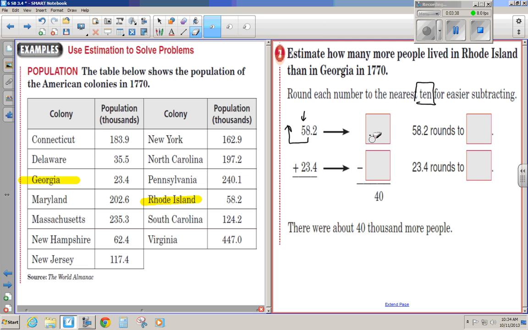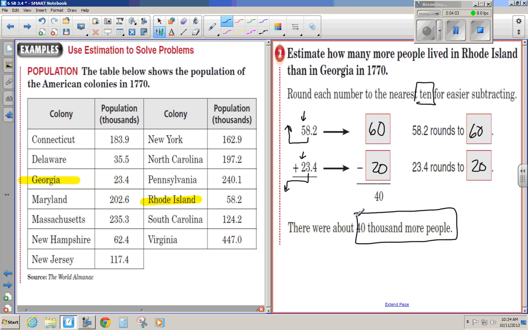If that 8 goes up, 58 becomes 60. 23: here's the tens. This is less than 4, so 4 to the floor. So we round that to 20. 60 minus 20. There are 40,000 more people in Rhode Island than in Georgia.